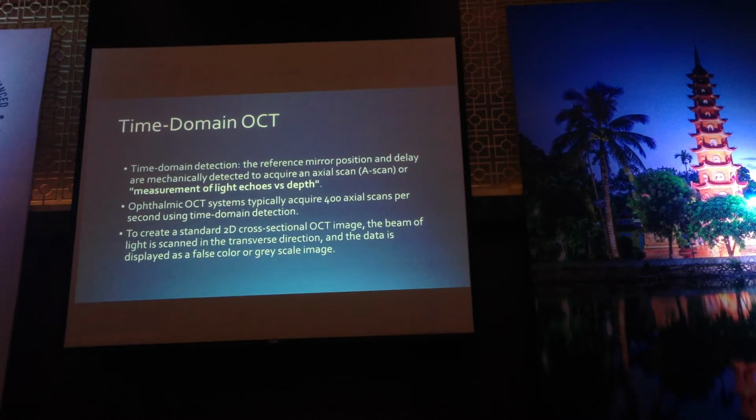But later on, we have systems which have higher scan rates than this. And to create the standard two-dimension cross-sectional OCT image, the beam is scanned in the transverse direction, and the data is going to be displayed as a false color or grayscale image.